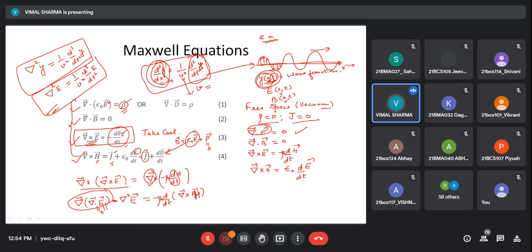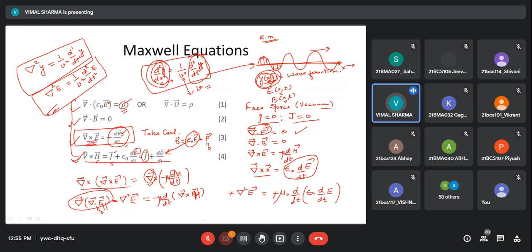I'm left with negative of del squared E on the left hand side. On the right hand side, I have negative of mu naught d by dt of curl of H. And I know curl of H from my equations. So I can write minus del squared E is equal to minus mu naught d by dt, and curl of H is this, so I can write mu naught d by dt of E.